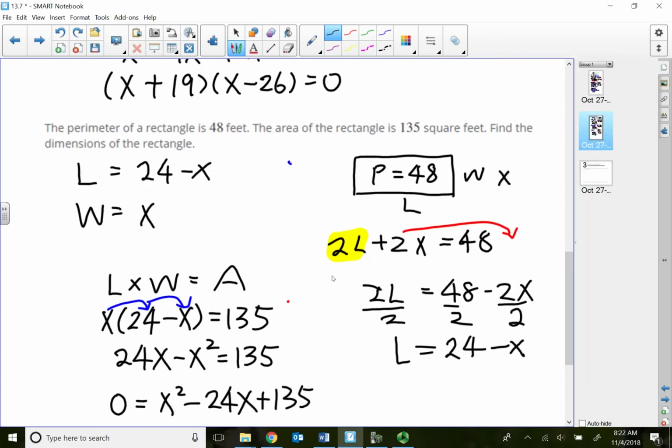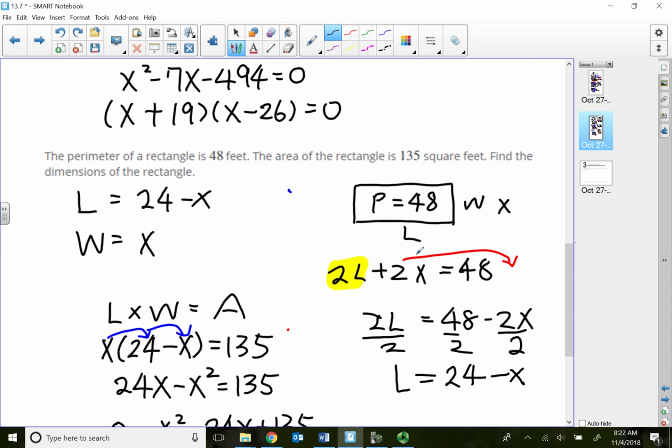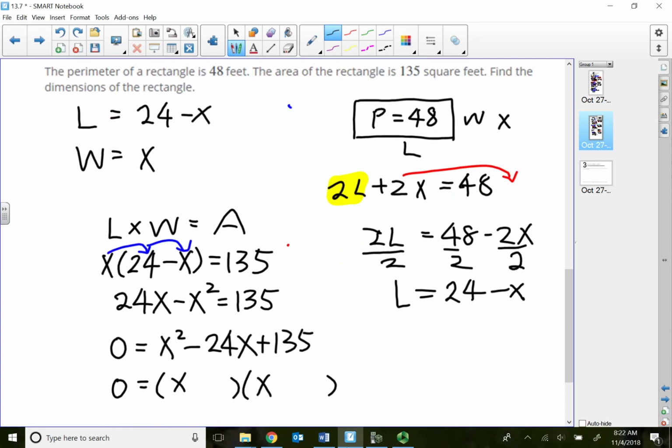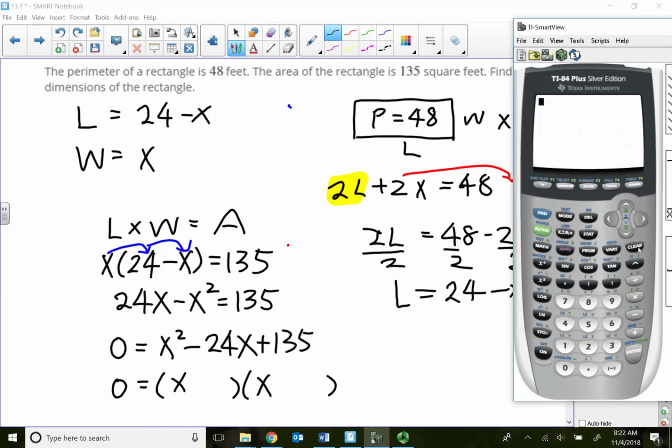Let me be sure nothing is wrong here. 48 feet. So divide everything by 2, that's 24. That's right. So 24x minus x squared. 135 divided by 15 divided by 13. That's 10. So it's getting closer and closer.